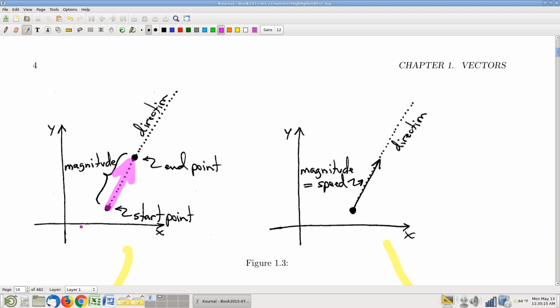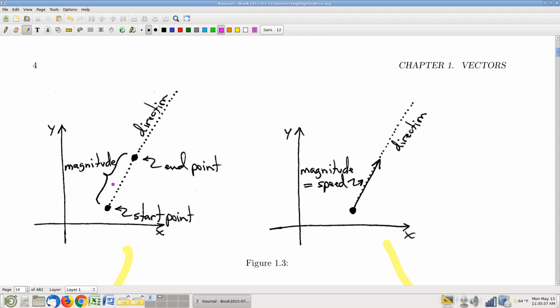I could be lost out in the desert, not knowing at all where I am, and I could still understand, walk northeast by 100 yards. That's a perfectly meaningful concept, even though I don't know where I am.